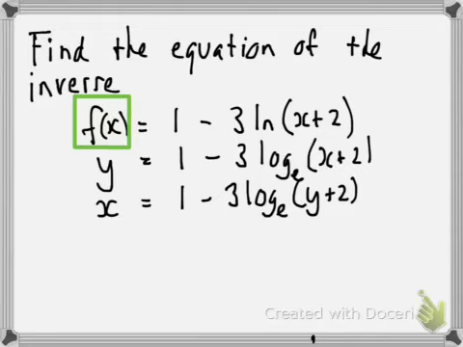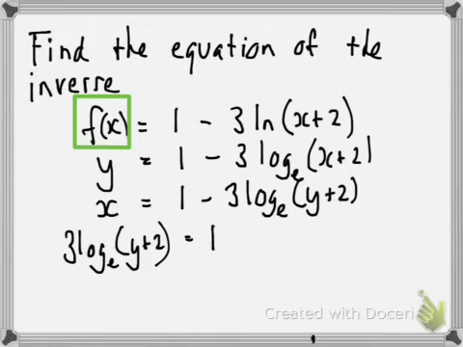Alright, I'm going to do something here. I'm going to actually make this part here, that part there, positive, and I'm going to do that by changing it to the left hand side. So it goes from being negative to positive.